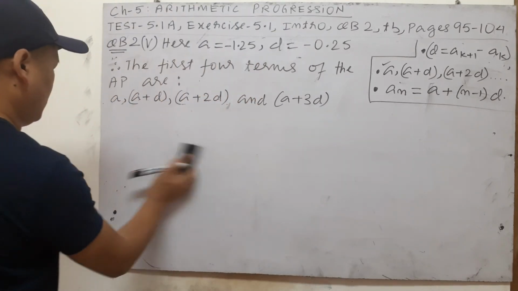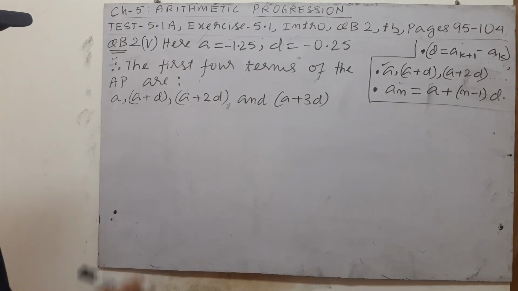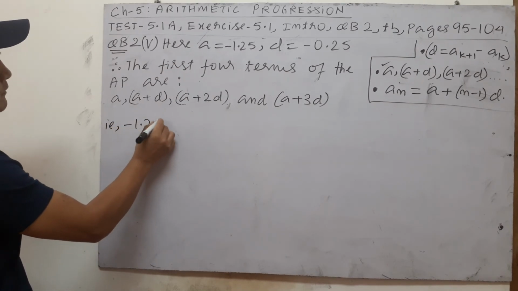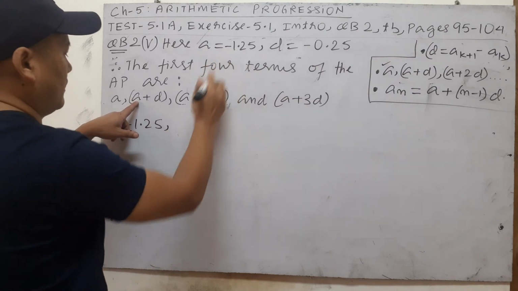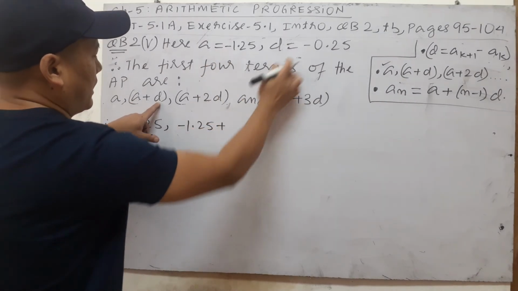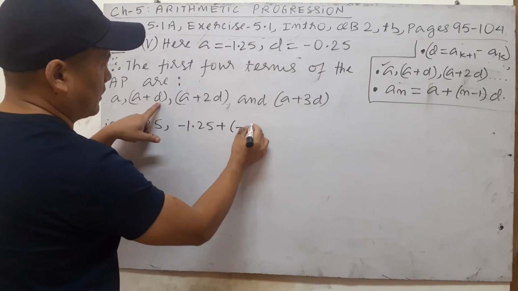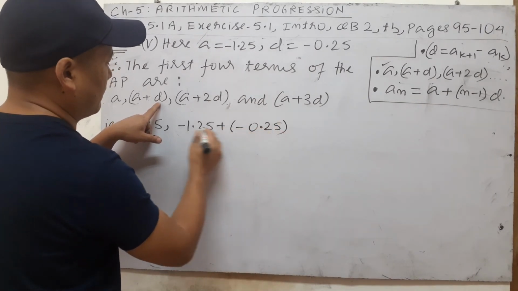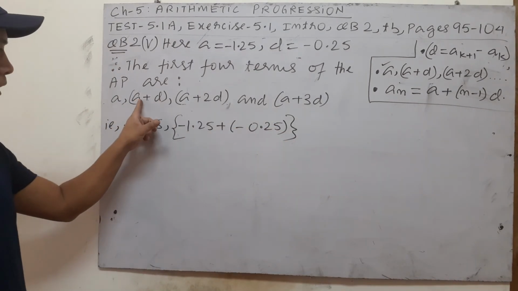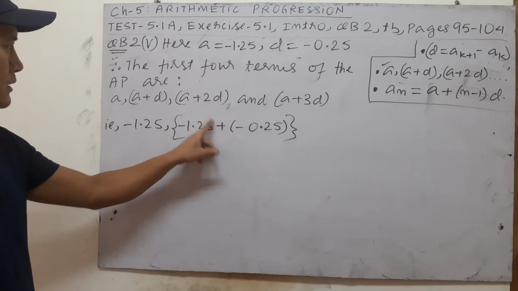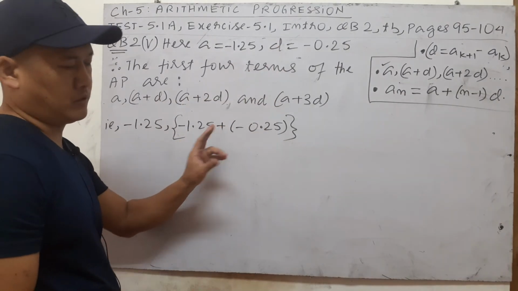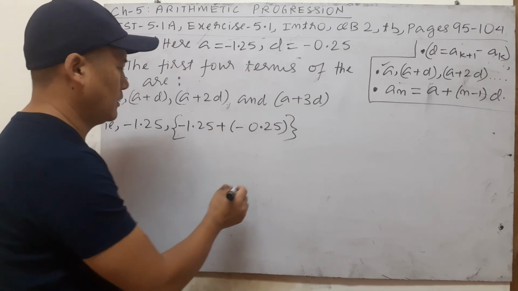Okay, so here, once we're through, let us write it slowly. A, the first term, that is -1.25, comma. A again, -1.25, plus D, again minus, so there is a minus, so I put a bracket, -0.25, close it with a second bracket, indicating the second term. A plus D minus, that's why I covered it up with a bracket to separate these two signs, plus and minus, comma.